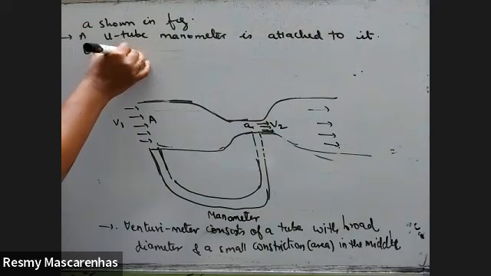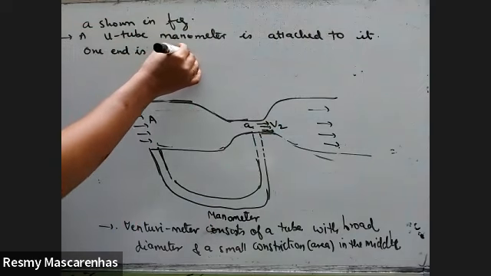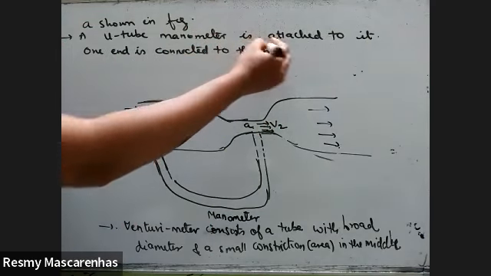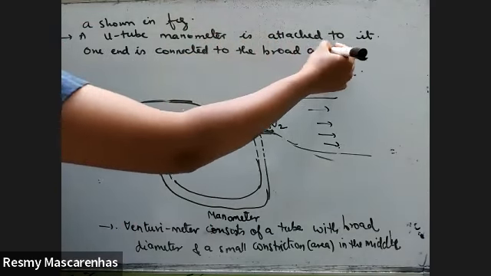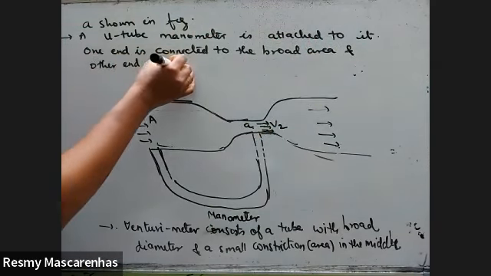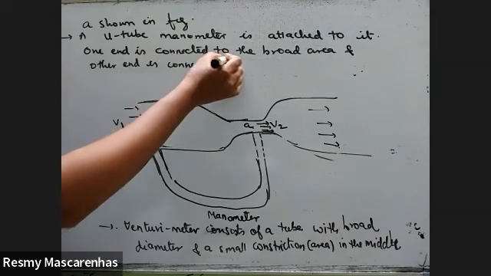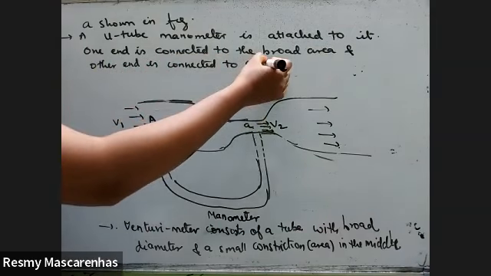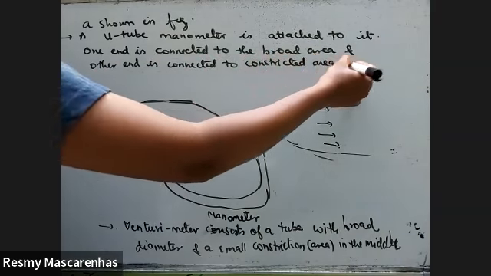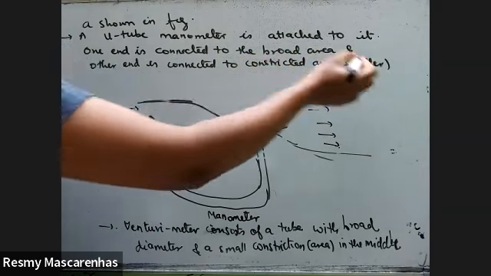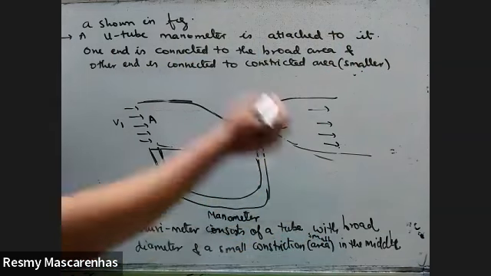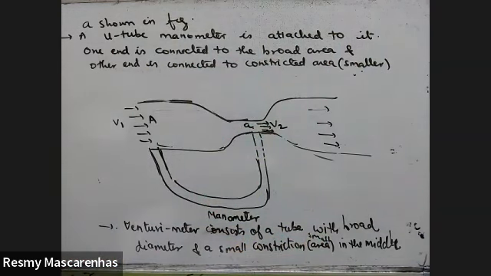One end is connected to the broad area, the other end connected to the constricted area, the smaller one. You can say small area here also.